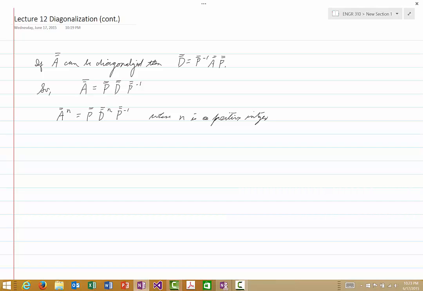And we noted at that time that this is a handy thing to know about because raising some arbitrary matrix A to the nth power might be quite a bit of work. But for a diagonal matrix, it's very simple to raise it to any power, because that simply consists of raising each of the diagonal terms to that power.